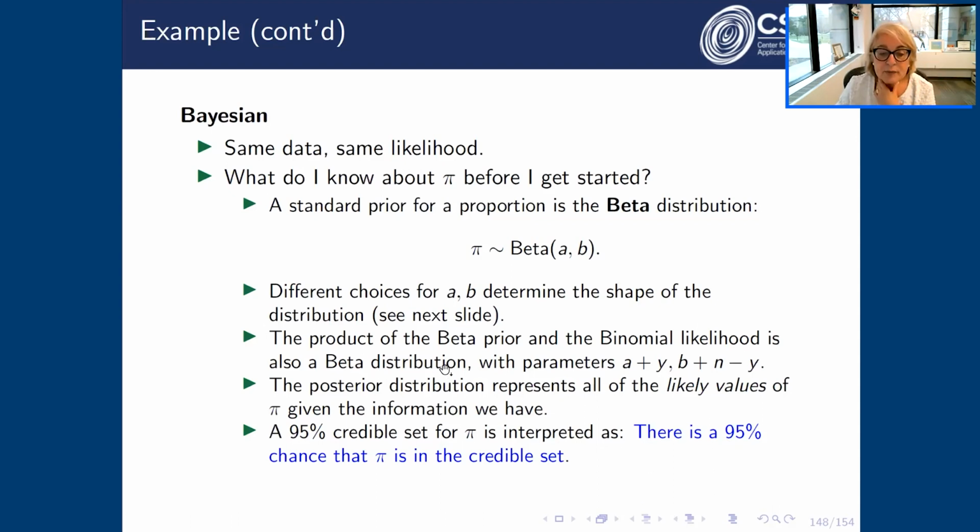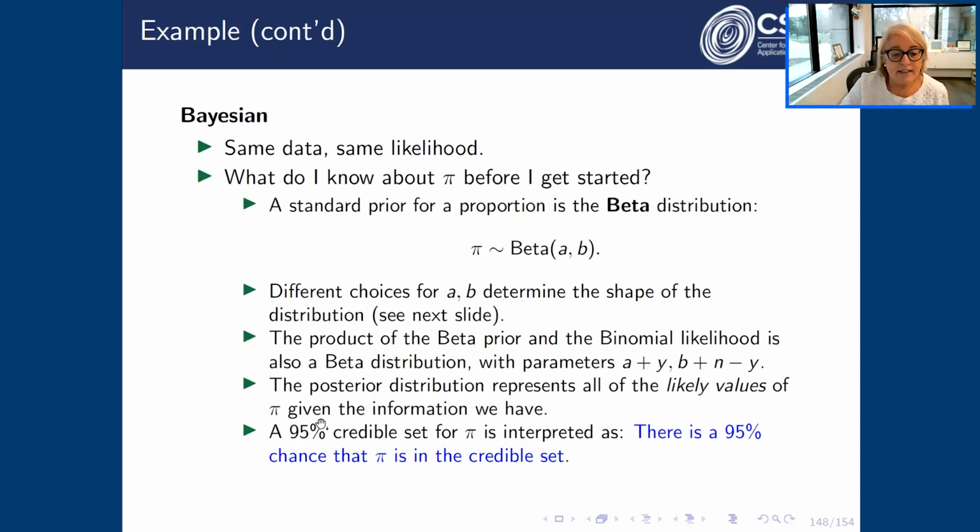This beta distribution, this posterior distribution for pi, represents all the likely values of pi given all the information we have: the information provided by the sample, plus the information that I brought into the analysis through my prior.